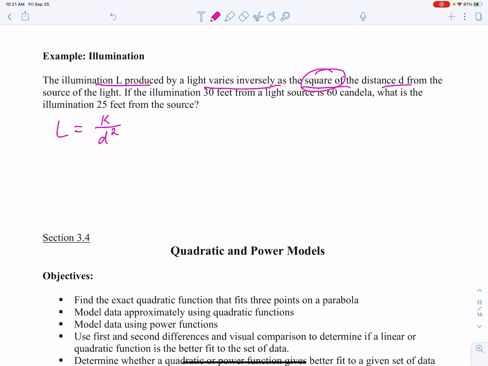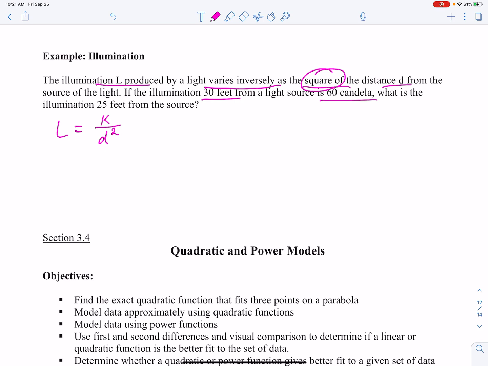Now they tell us the illumination 30 feet from the light source is 60 candela. What is the illumination 25 feet away? So in other words, we have to find k. We're going to plug in.